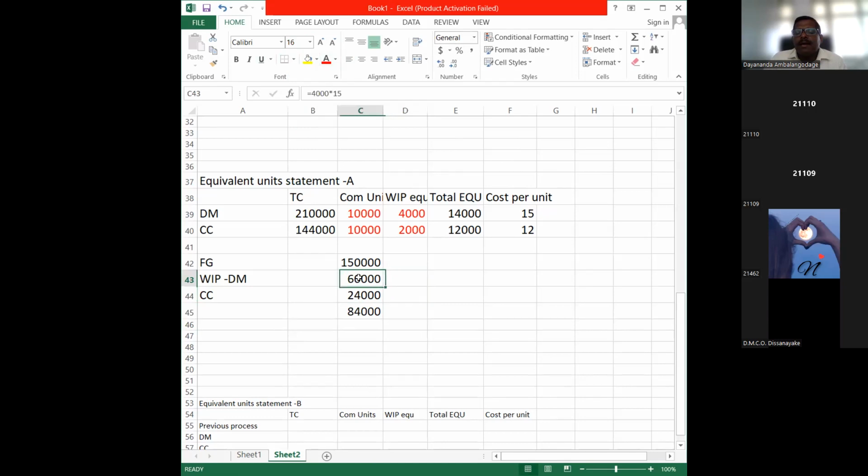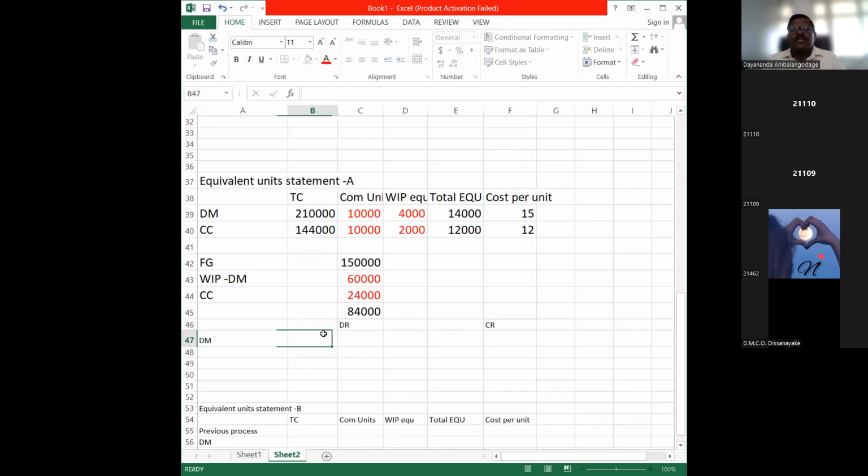So you get the total of these two here. If you want, I can prepare the process account. In the process account, you have the debit, as I told you, and you have the credit. So you have direct material.